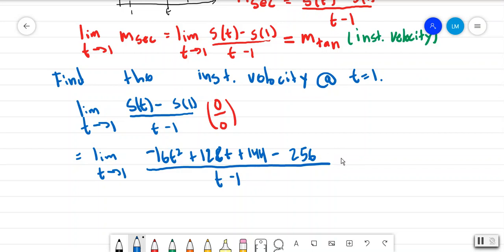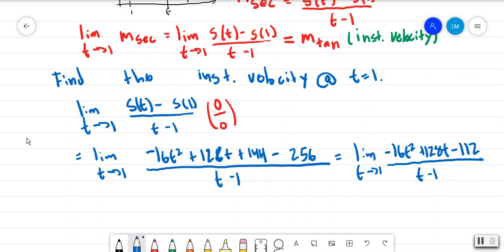This simplifies, since 144 minus 256 is negative 112, to the limit as t approaches 1 of negative 16t squared plus 128t minus 112, all divided by t minus 1.